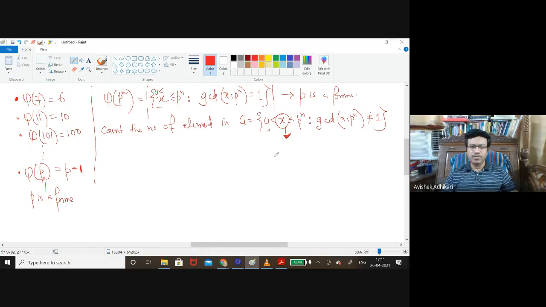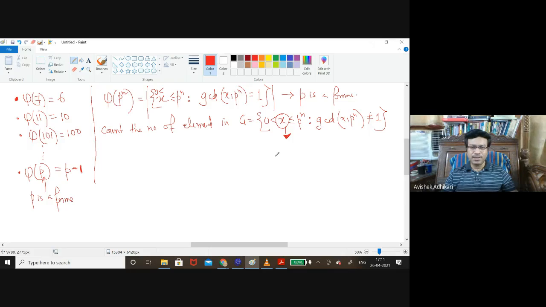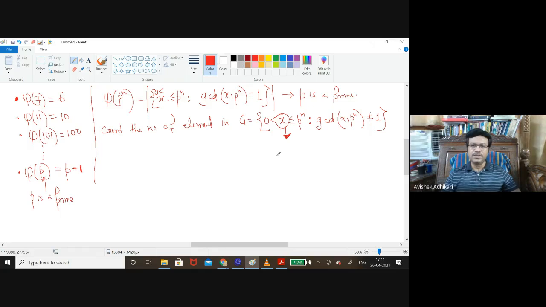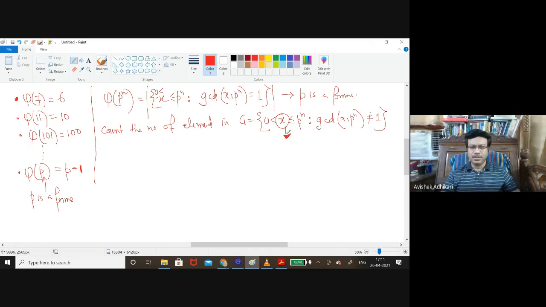What is that property? x must divide p to the power n? You are very close but not yet. x must contain something as a factor. Can you tell me what? Yes, p.